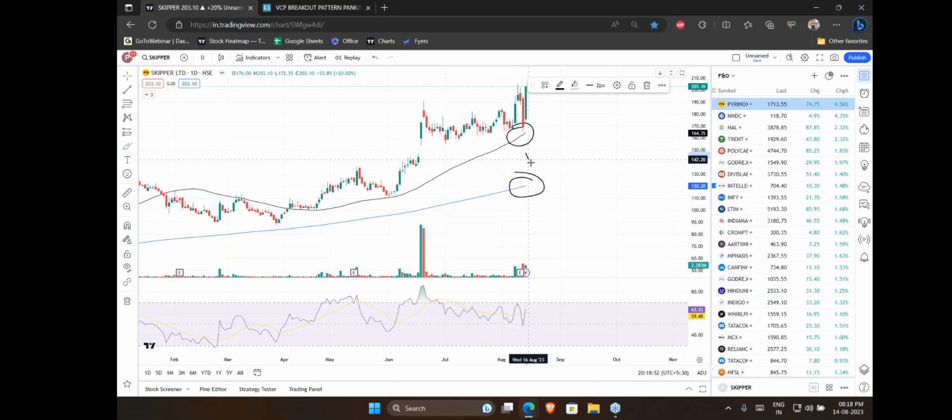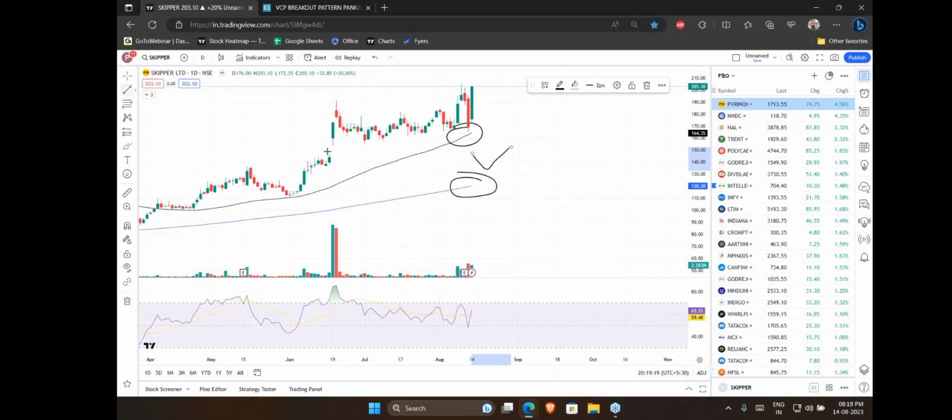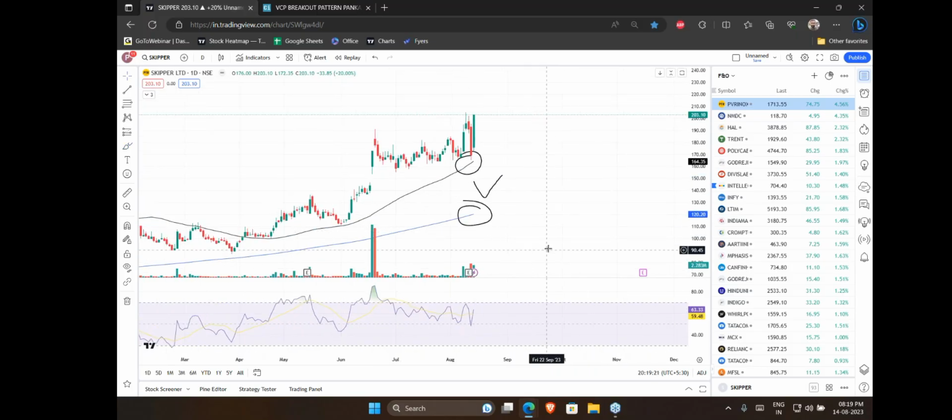Is your 50 greater than 200? Do we have RSI value at 59? RSI at 59.48 right now? Or 63.33? RSI value is also greater than 50. All the conditions being satisfied.